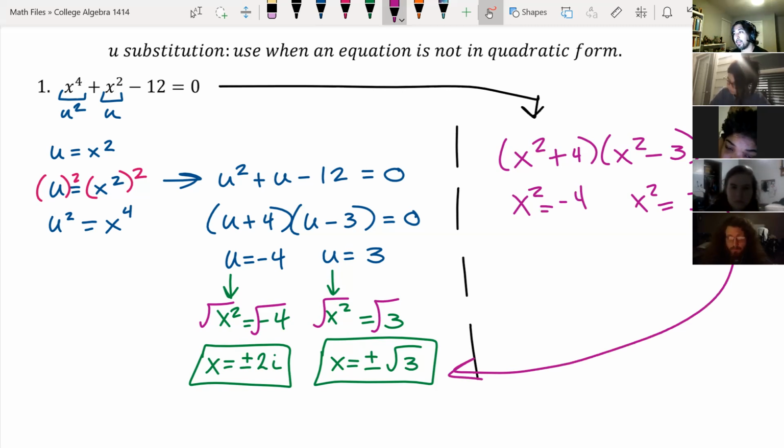Will there be any situations when using u substitution is an absolute must, or is it there just because it is? It's there just to be helpful. You don't have to use it if you don't want to. Okay. So in some cases, it's pretty useful, so you avoid lots and lots of algebra. But in other cases, you can just decide whether you want to use it or not.